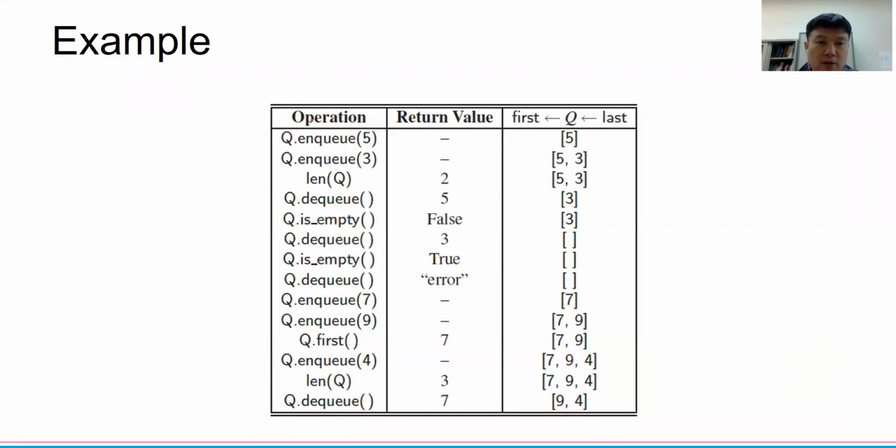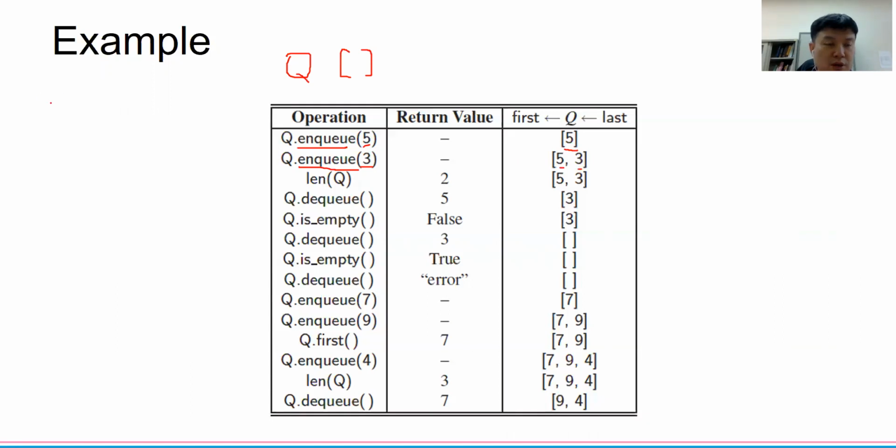Okay, so let's suppose we have the queue, and the queue starts empty. Because it starts empty, we will do the enqueue. We have one object to enter, which is 5. So the list will have 5. And then we want to insert another object, which is 3. Then now we have 5 and 3.